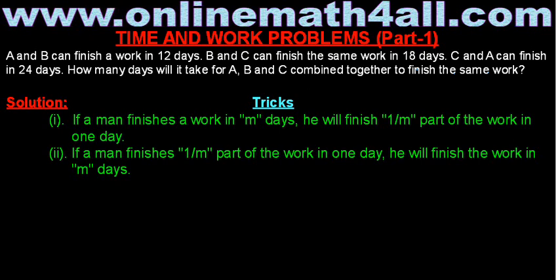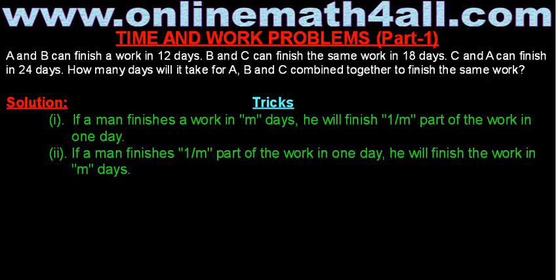So when the same work is done by B and C, they take 18 days, and when it is done by C and A, they take 24 days. Now we have to find how many days it will take if all three persons, A, B and C, work together. That is the target of the question.